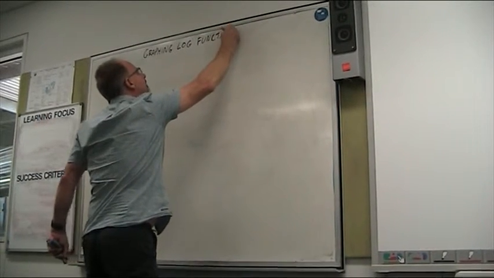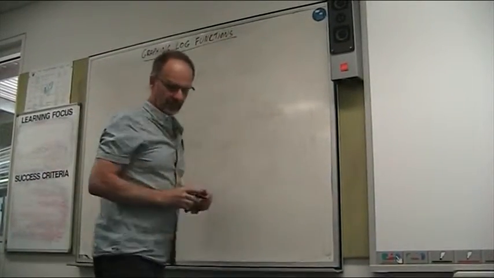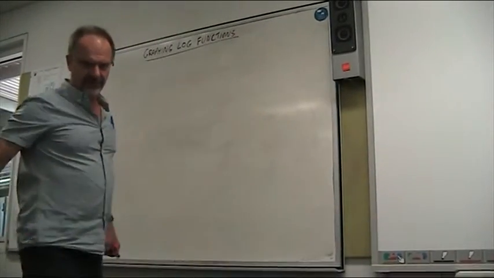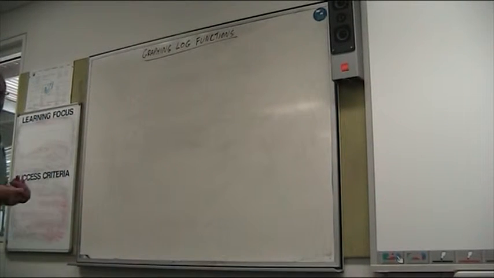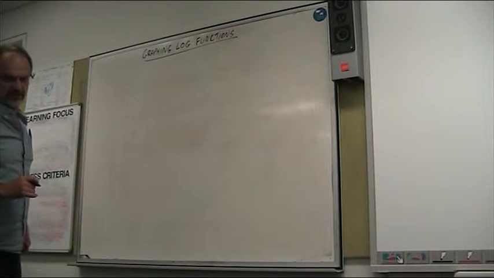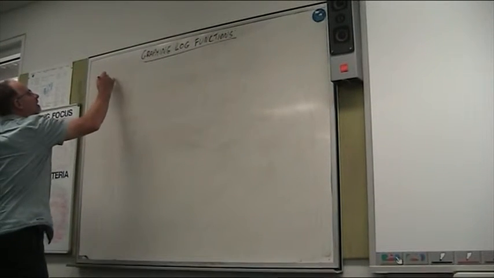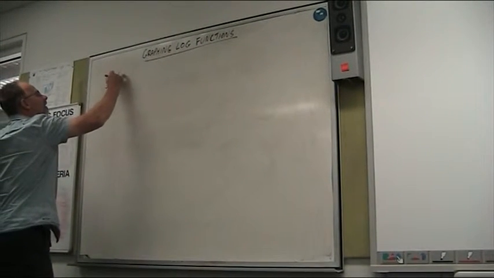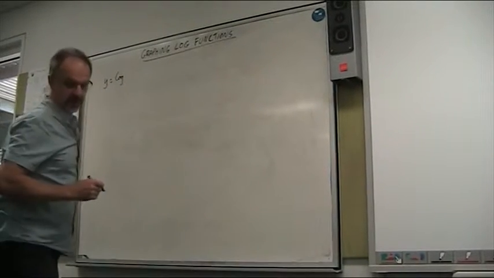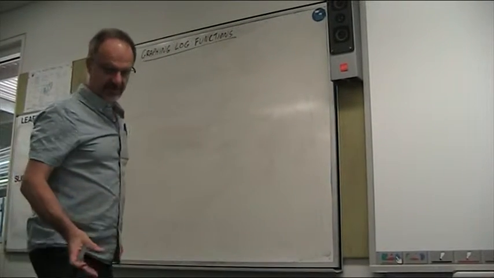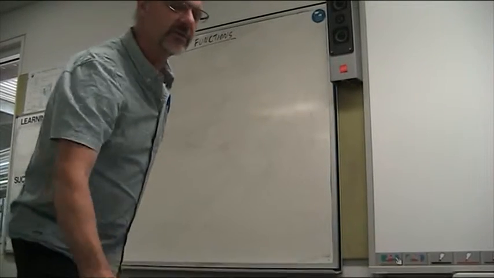All right, so yesterday when I introduced the logs, we showed you the graph and we introduced them being the inverse of each other. So y equals log base e of x.